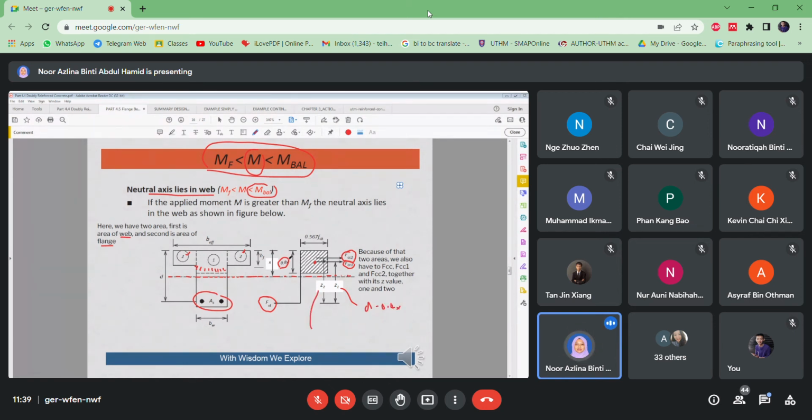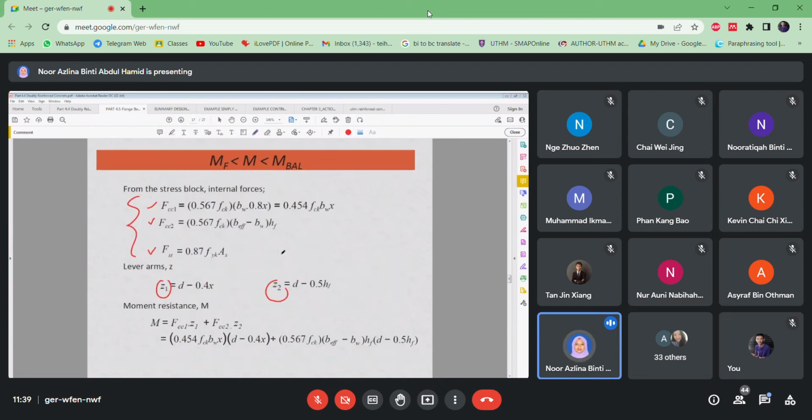Kalau Z2, it's half of the HF because of this flange, right? So you need to divide this HF by 2, so that means Z2 is D minus 0.5 HF.